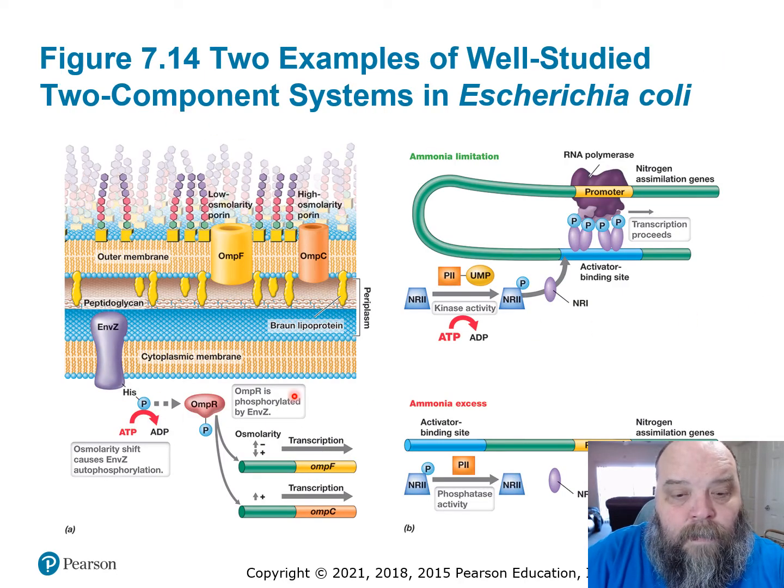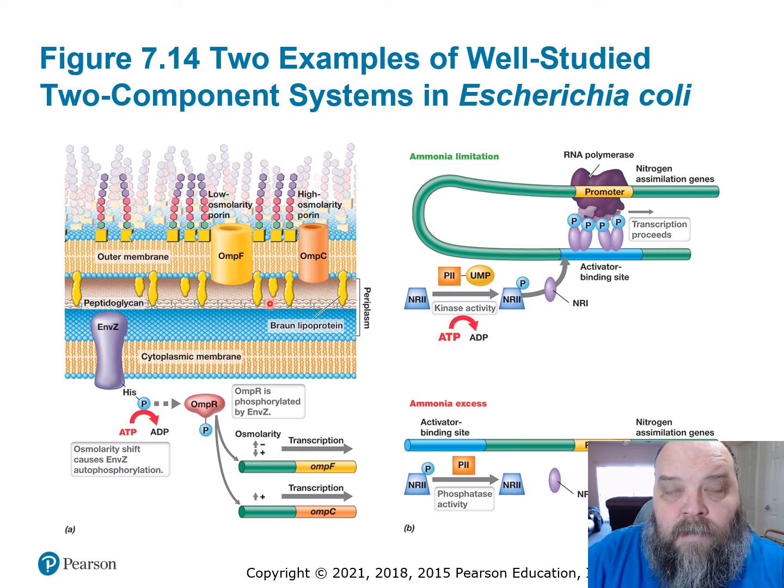Look, here's an artist rendition of the two-component response system in E. coli for osmolarity. You have OMP-F and OMP-C. These are porins: a low osmolarity porin and a high osmolarity porin, allowing stuff to pass back and forth in response to low and high osmolarity conditions.